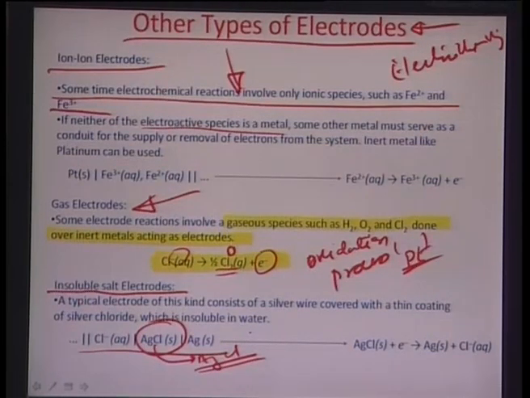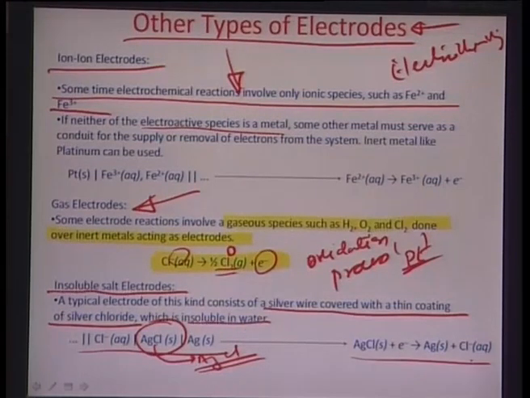What you do is take a silver wire and cover it with a thin coating of silver chloride, and that formulates a good scheme of ion exchange, even though the salt is highly insoluble in water. So these are some of the types of electrodes that are used off and on for electrochemical sensing, apart from the conventional metal electrolyte electrodes.